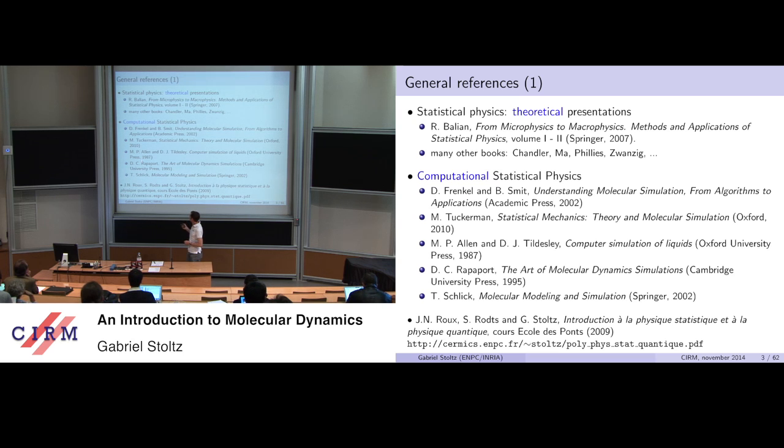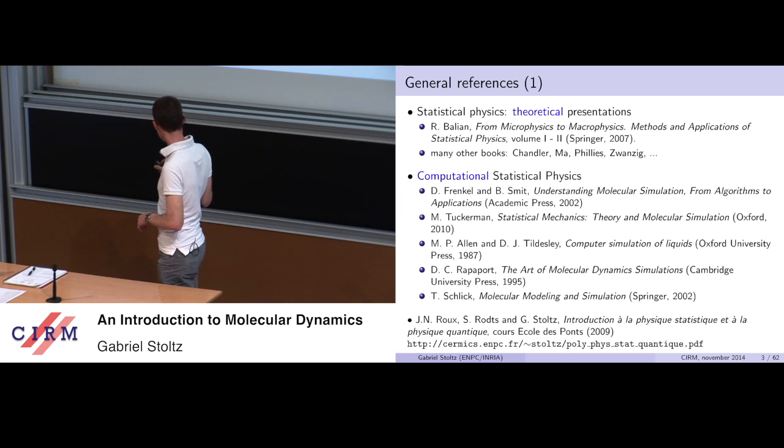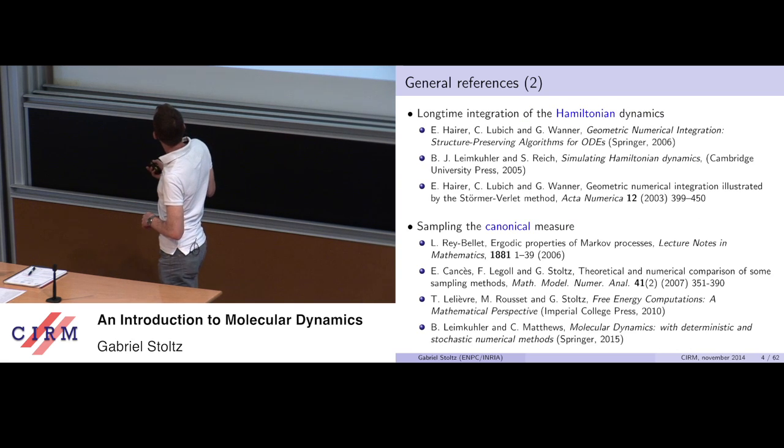If you want to have some computational method, you can look at several books in the physics literature, which are very nice to enter the field when you want to do something in practice. But the mathematical understanding behind the methods presented in those books is sometimes a little bit scarce, I would say. So that's why I provide a next slide, which are some mathematical references.